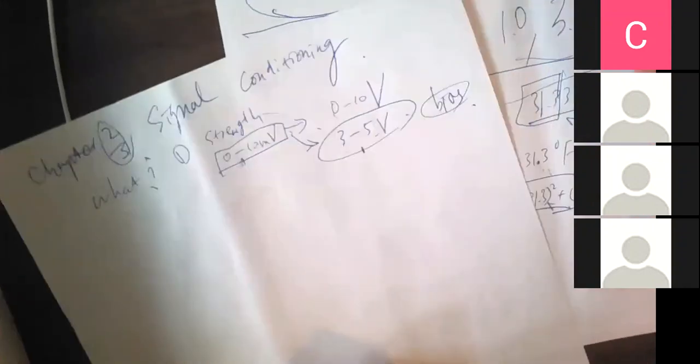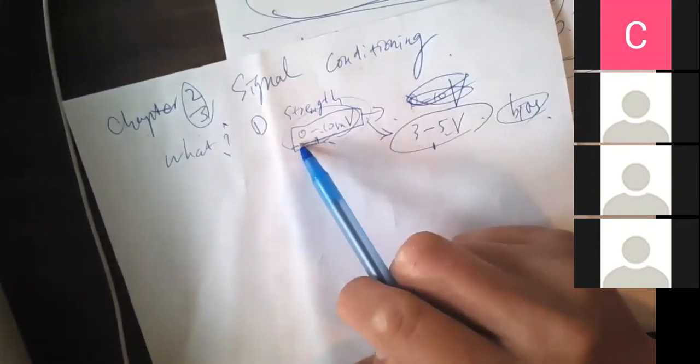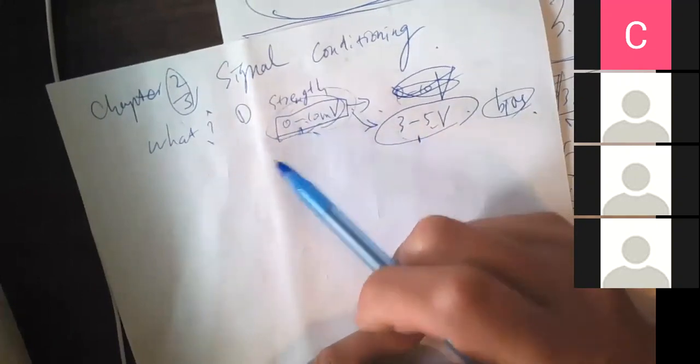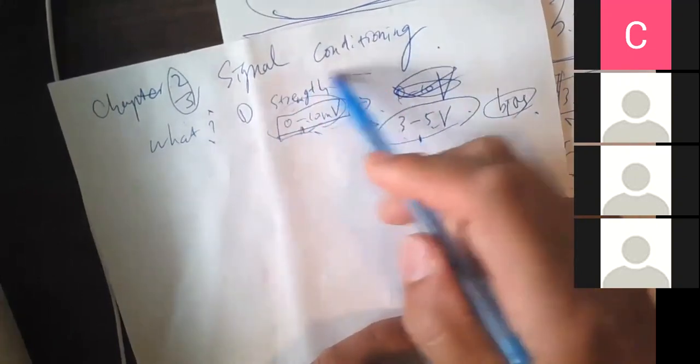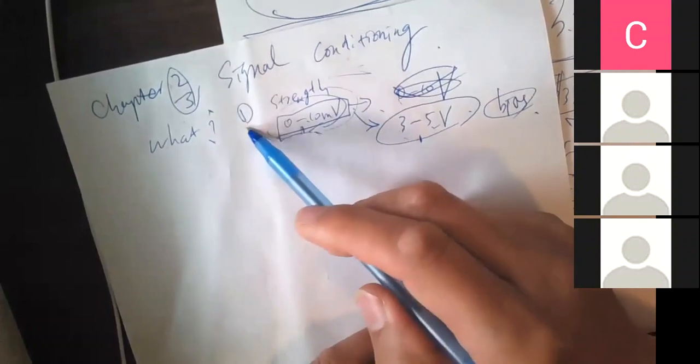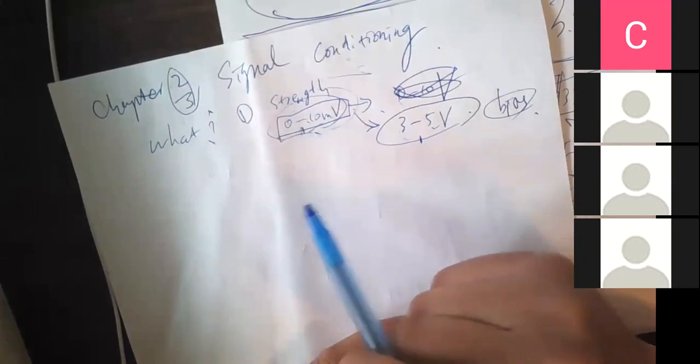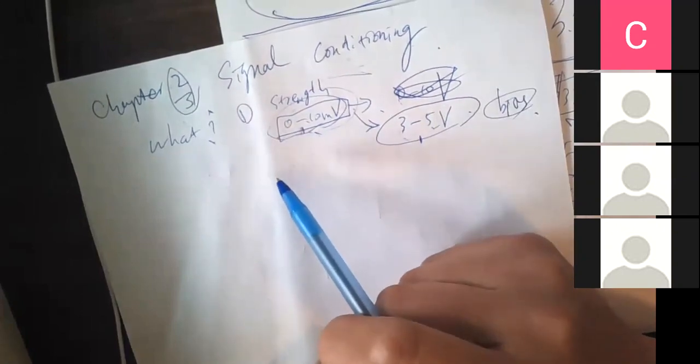Actually, on Wednesday, our lab exercise will be on this. We will design something to accomplish this. We start with 0 to 10 millivolts, that's our original signal, and we will do signal conditioning type number 1 to convert the output to 3 to 5 volts, if that's what we want.